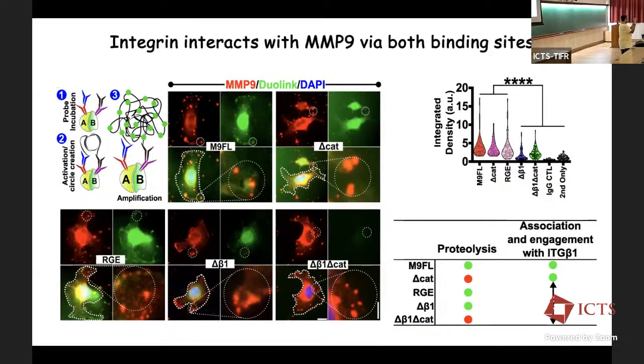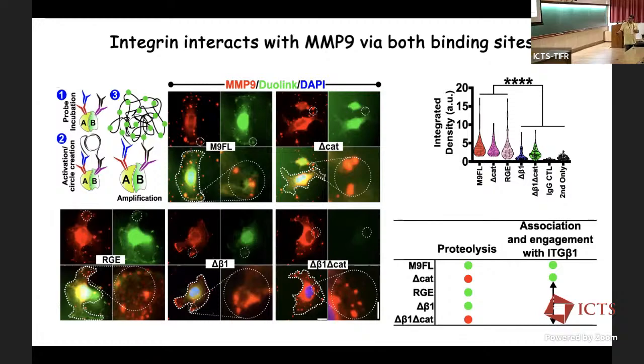If the proteins are very proximal, you get rolling circle DNA amplification, and when you add these fluorescent probes, those sites are detected and give you green fluorescence. In full length and delcat, the catalytically inactive one, at the periphery where you have MMP9 localized, you also have the presence of these green dots.